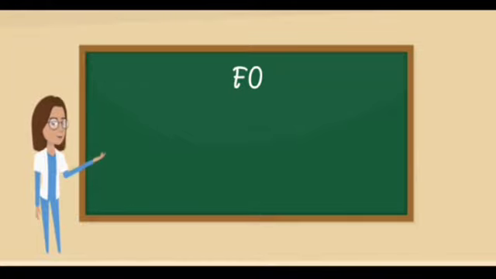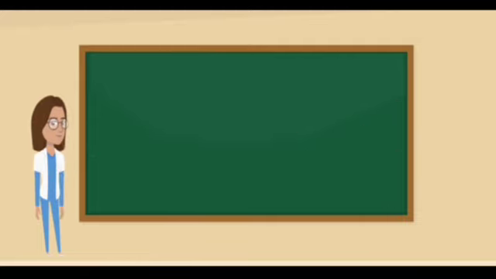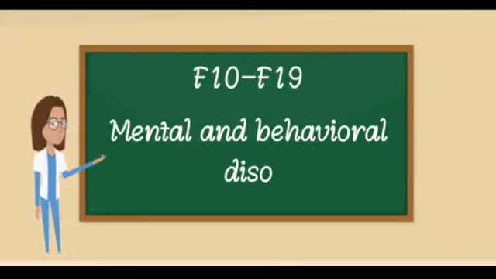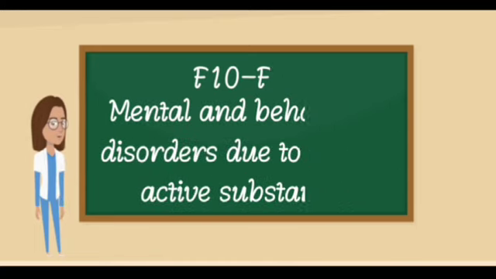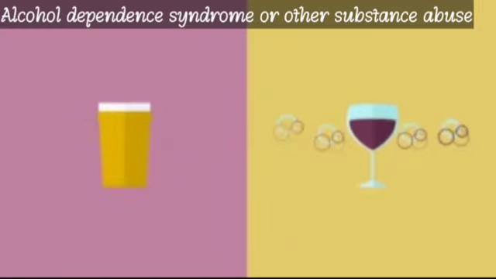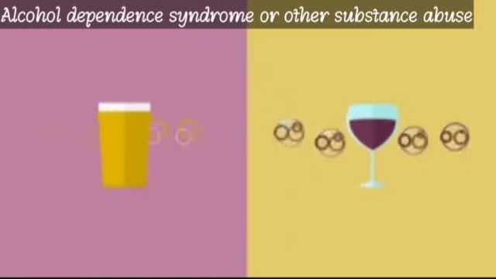First one is F00 to F09, which constitutes organic mental disorders. In this, there can be dementia, delirium, organic amnestic syndrome. Then there is F10 to F19, which constitutes mental and behavioral disorders due to psychoactive substance, like alcohol dependence syndrome or other substance abuse disorders.